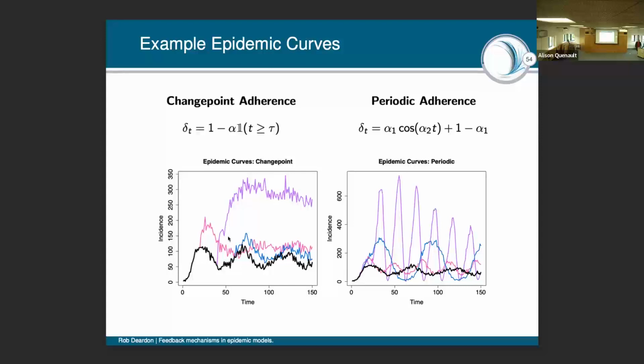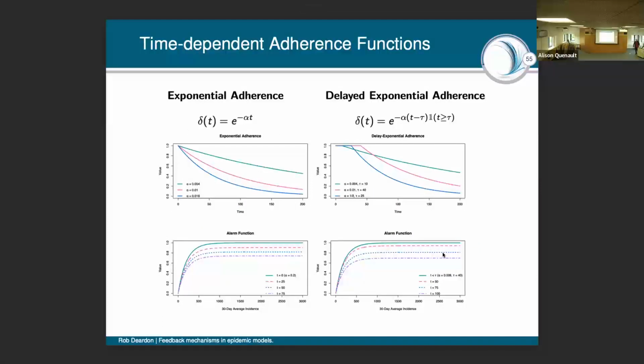You can see quite a large variation in what the epidemics could look like under the change point, and similarly with the periodic adherence. You can see here, this is one where everything's being driven really by the sinusoidal adherence function. Or, and this is perhaps a more natural thing to think of, some sort of exponential decay in the adherence.